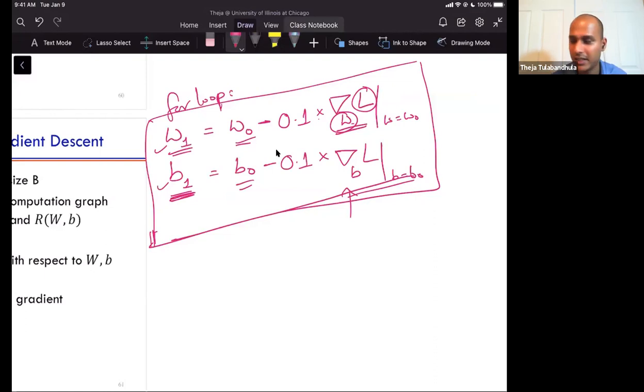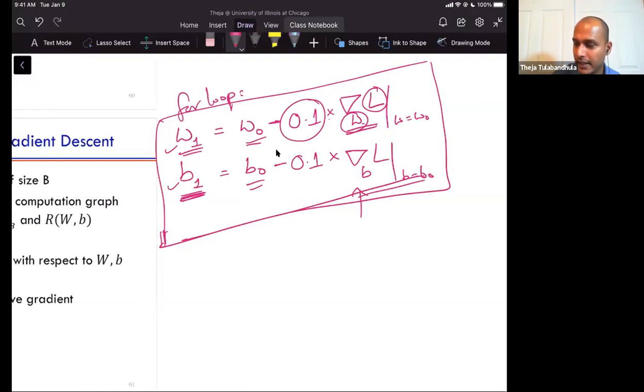There are many variations to this basic idea, including a more rigorous way of finding out whether this should be 0.1 or something else, or whether this number should change as I run this for loop again and again. We are not worried about that at this point. So this is gradient descent.